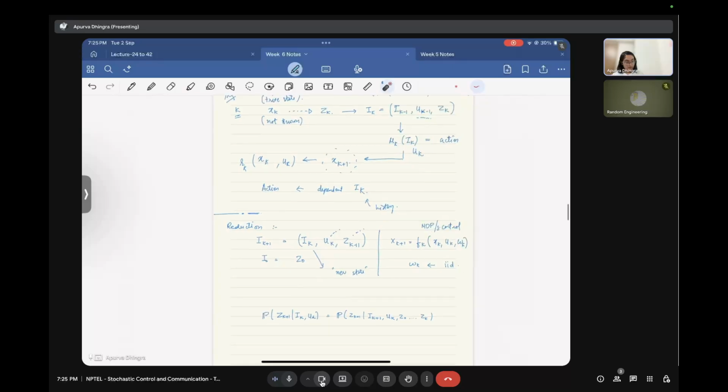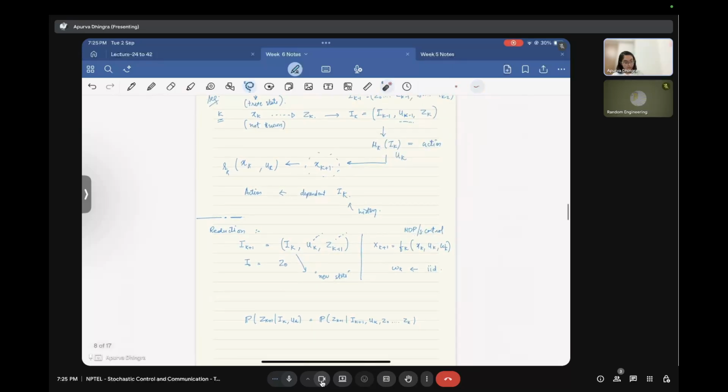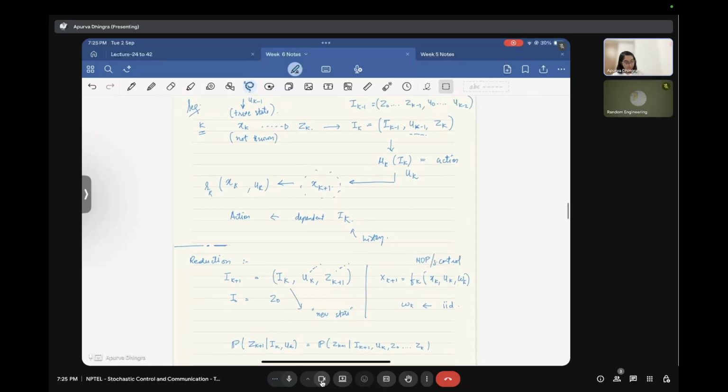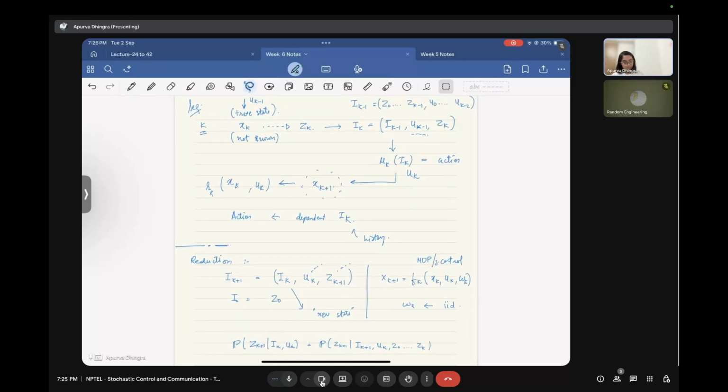You can look at the diagram above. If this process repeats, the next will be zk plus 1.